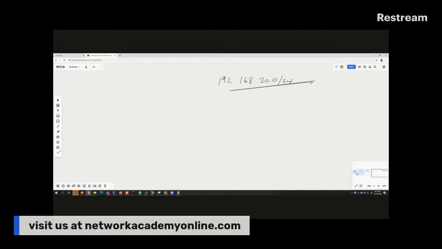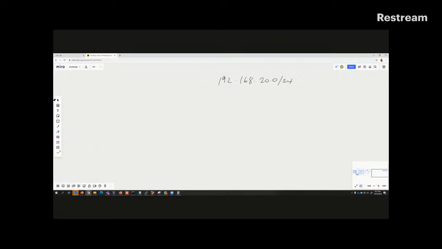Something happened there. Let's get back to my pencil. I'm going to break this down into a network of 16, right? So if it's broken down to the network of 16, therefore there are only 14 usable IPs. And here's how we're going to do it.